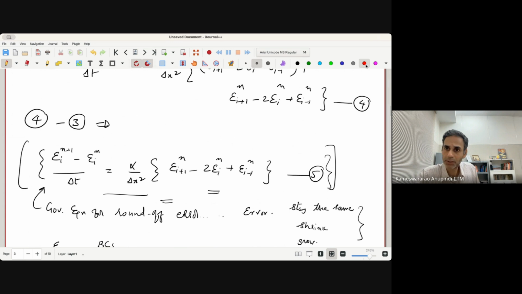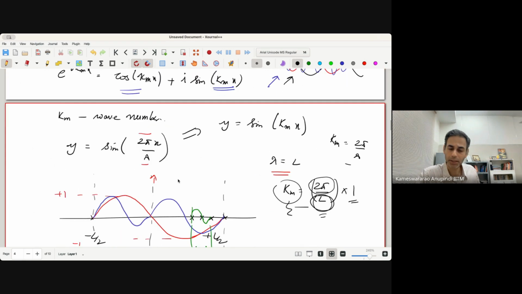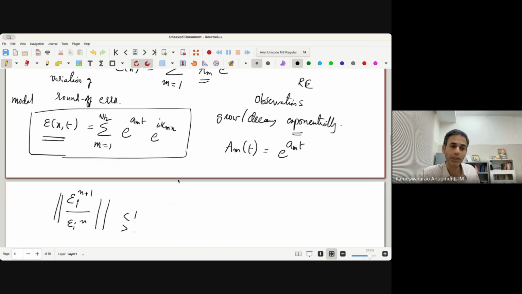This equation is actually a linear algebraic equation, because there is no other coefficient here. Whatever coefficient we have, alpha is a constant value. As a result, this is a linear equation. When we have linear equations, we have one property, that is linear superposition. That means if you have two solutions, the linear superposition of the two solutions is also a solution to the linear equation.